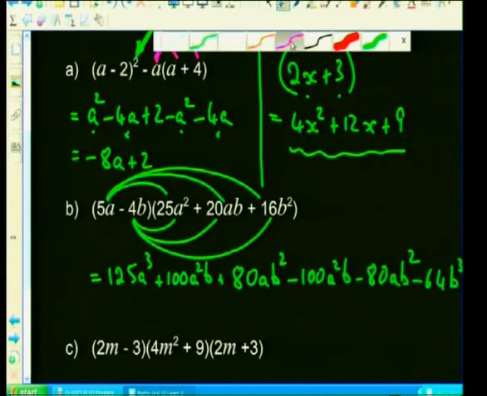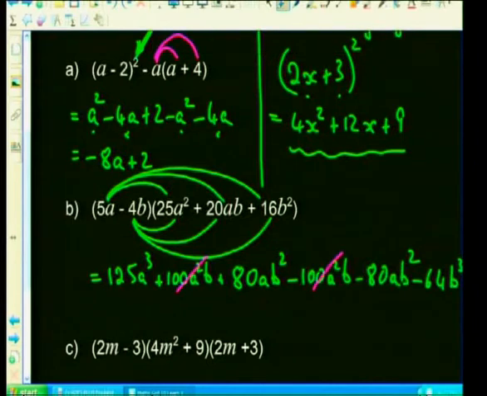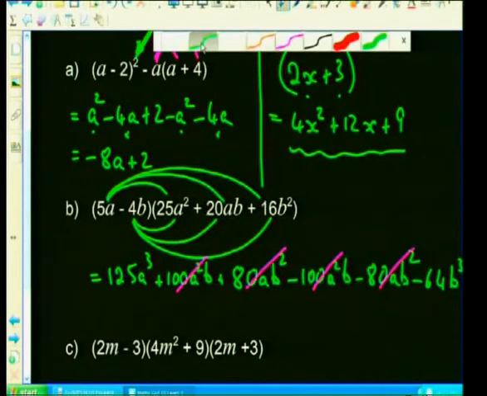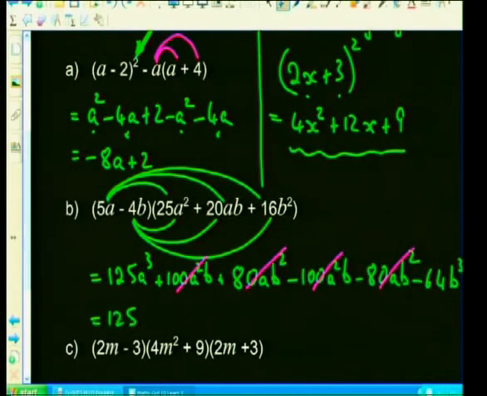How about now gathering like terms? Well, isn't that amazing? Those two disappear, and those two disappear as well. So my final answer is 125a cubed minus 64b cubed.